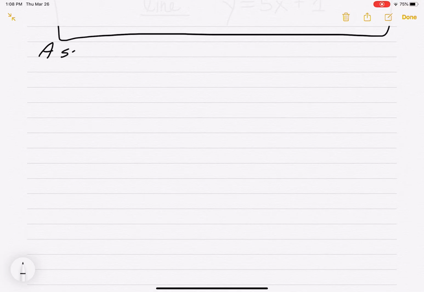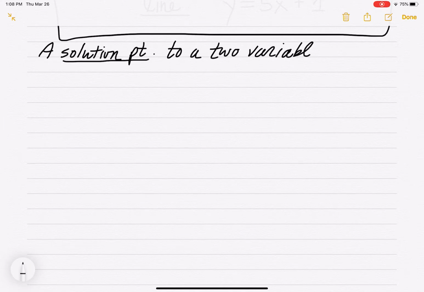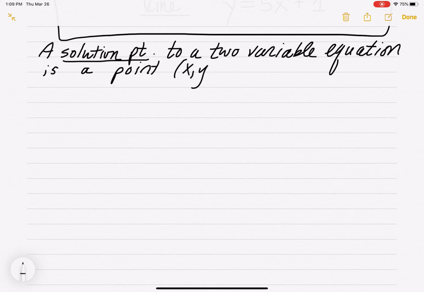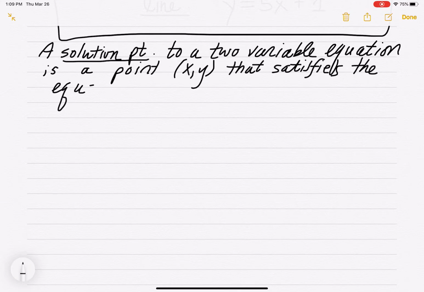A solution point to a two variable equation is a point x comma y that satisfies the equation. So any point x comma y that satisfies the equation is called a solution point.